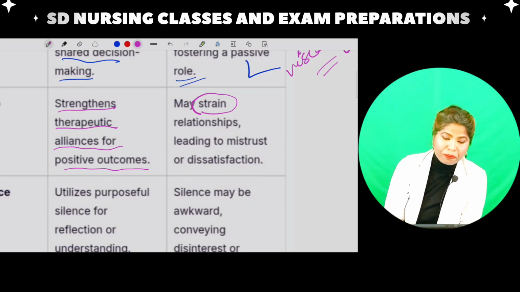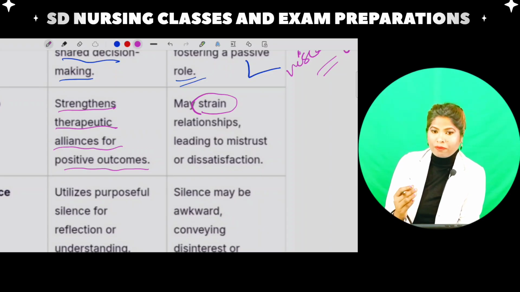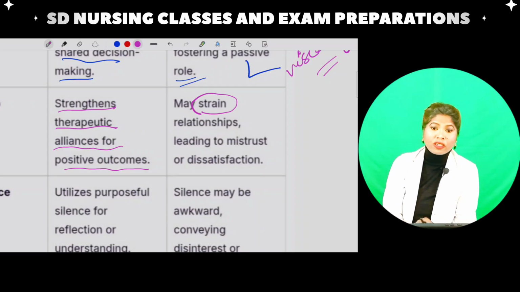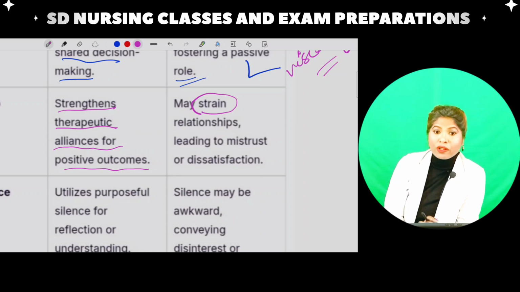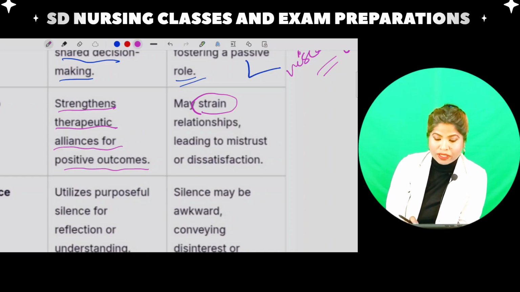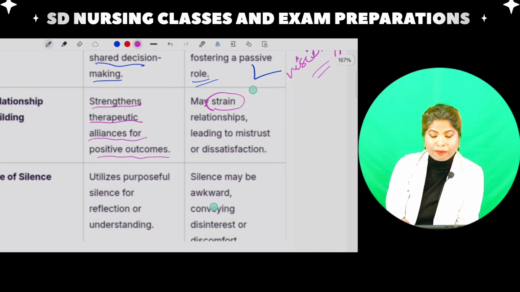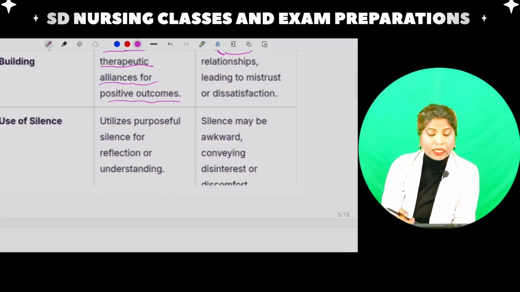If you will not talk to the patient, if you will not show the best gesture to the patient, then how can the patient trust you? And yes, surely the patient may be dissatisfied about you. He will not be satisfied about your behavior, your gesture, posture, your communication. So all of this is non-therapeutic communication.